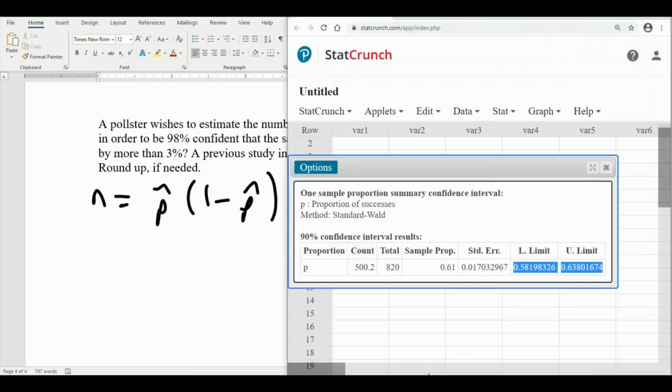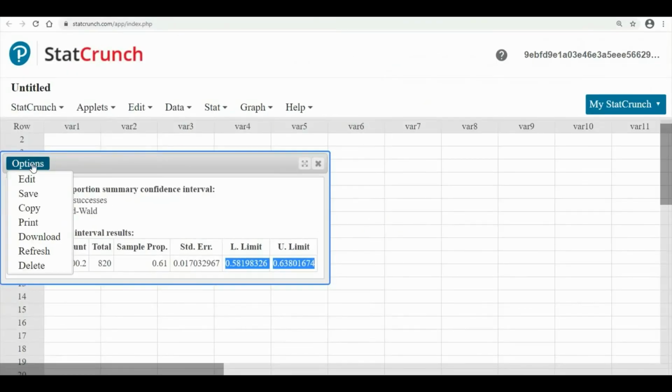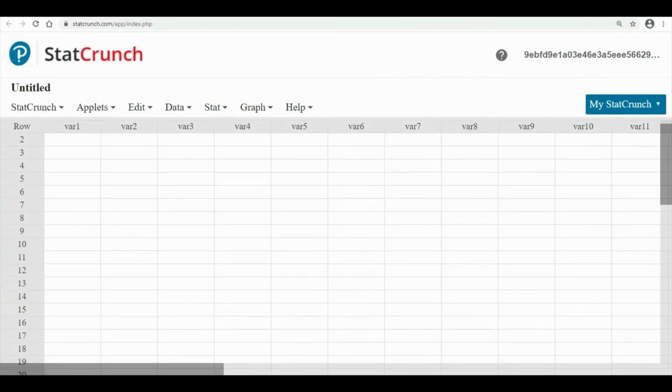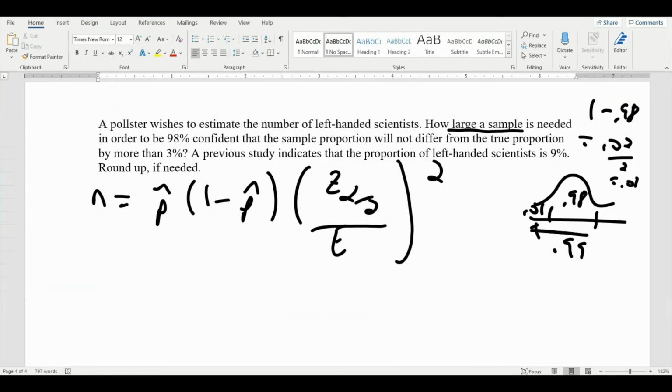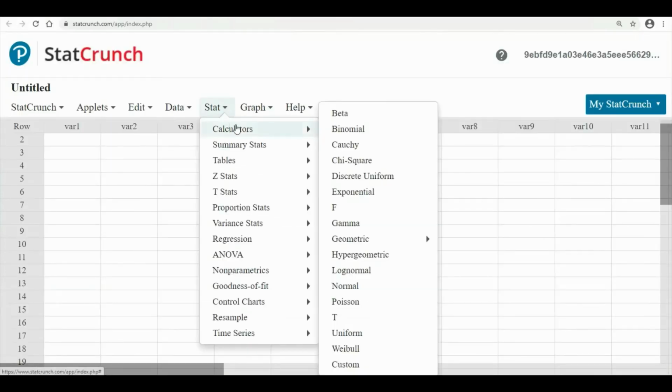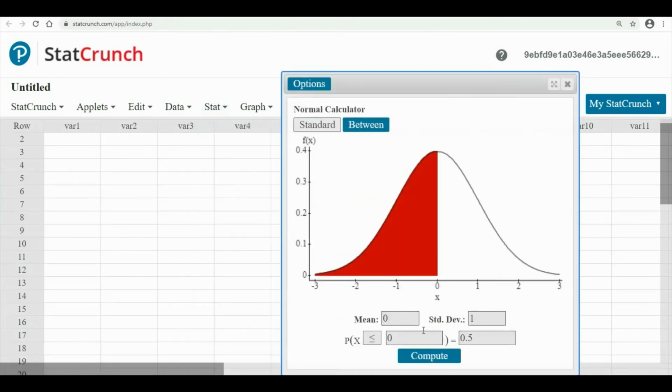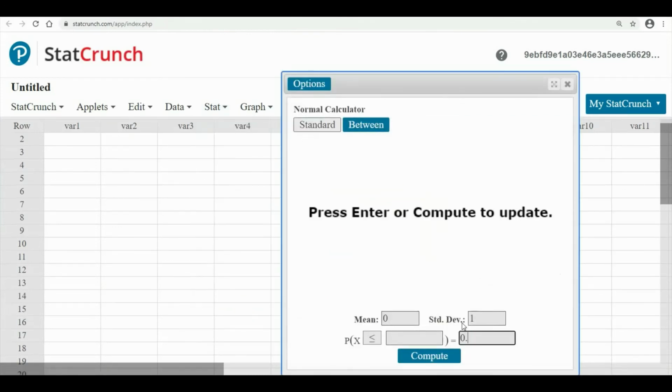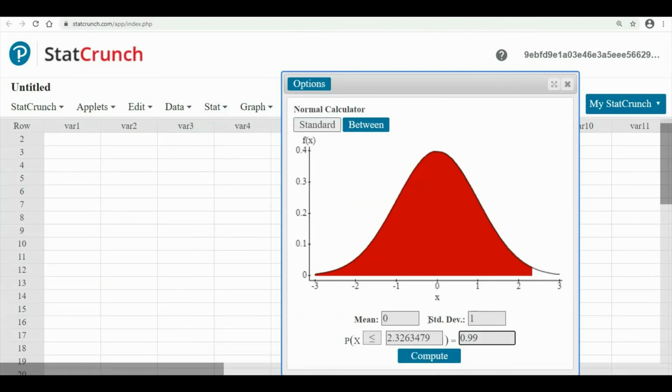I don't think I used StatCrunch last time when I did something like this. So we're looking at 0.99. Let's go to Stat, Calc, Normal, 0.99 and then Compute. We get 2.326.